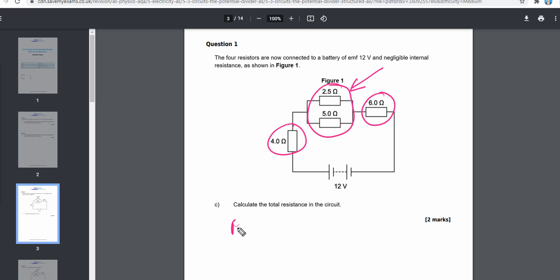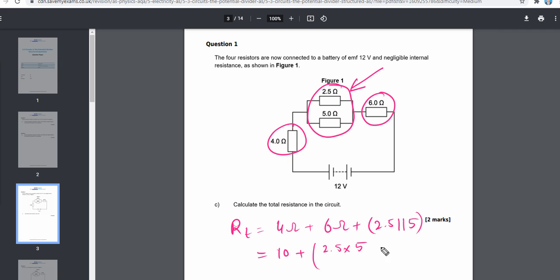So my total resistance will become equal to 4 ohm plus 6 ohm plus 2.5 ohm in parallel with 5 ohm. Let me just write it quickly. So it's 10 plus, now when we have two resistors in parallel, we can multiply them and divide by their sum.